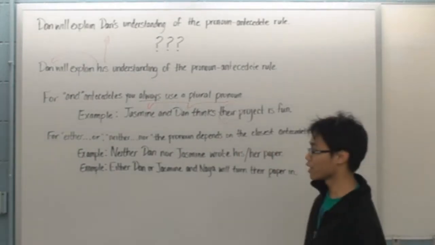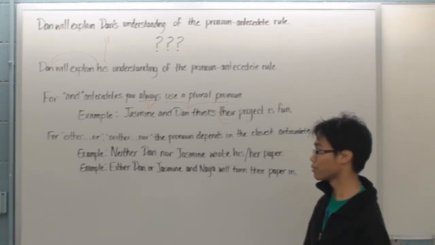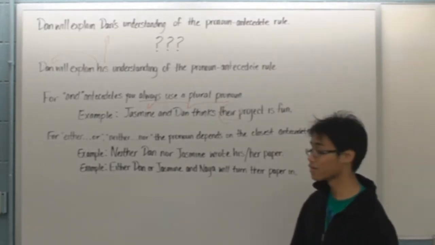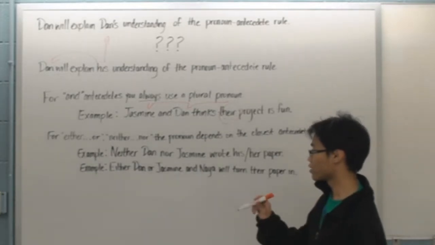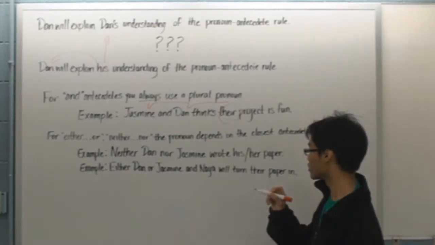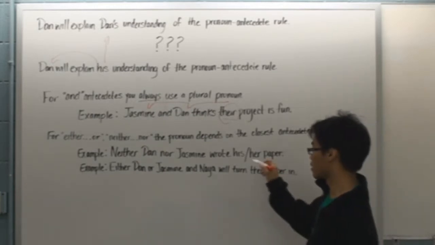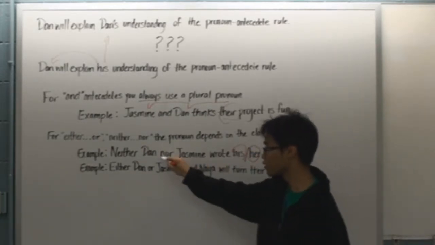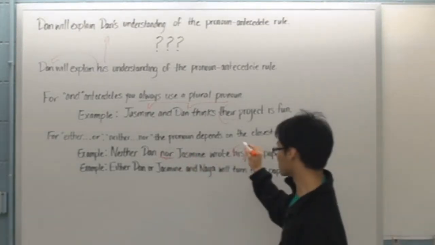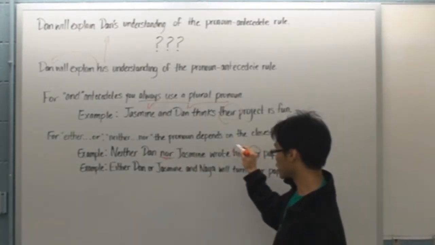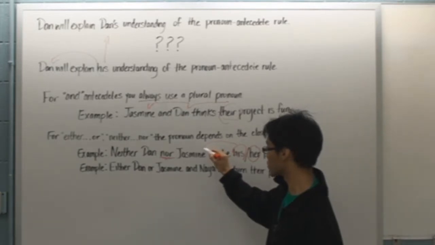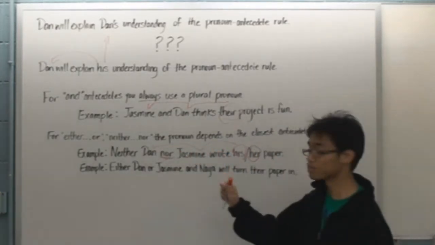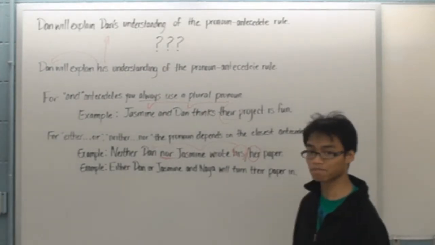Another rule is for either or, neither nor, the pronoun depends on the closest antecedent. For example, neither Dan nor Jasmine wrote his or her paper. We use single his and single her because of this, nor, and then each one is referring to the subject, Dan or Jasmine.